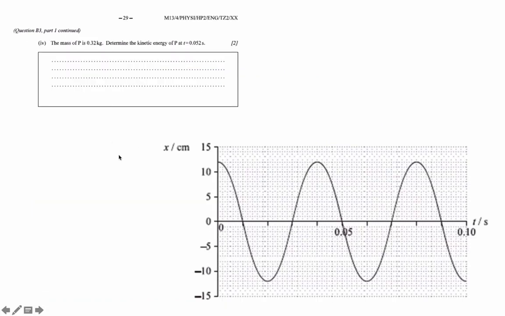All right, the mass of P is 0.32 kilograms. Determine the kinetic energy at 0.52 seconds. So here's 0.5, and then this is 0.06, 0.07, 0.08, 0.09, 0.1, right? So every two of these is... okay, where are we?